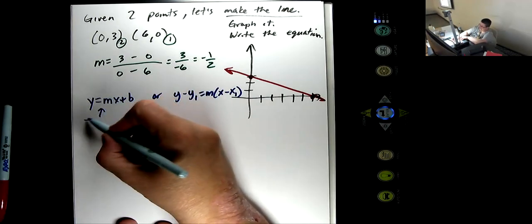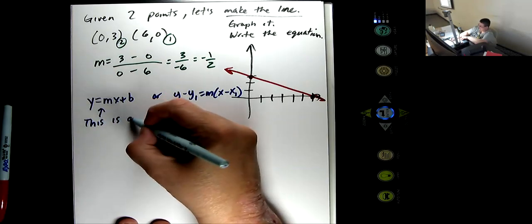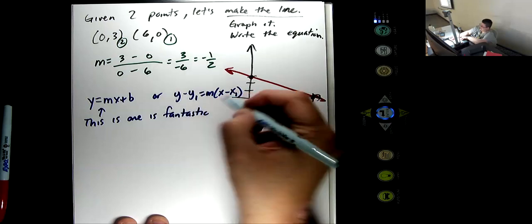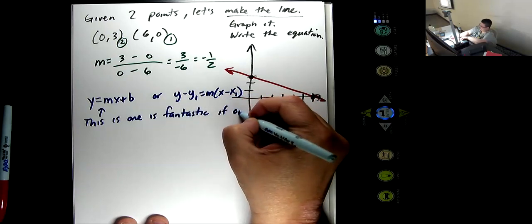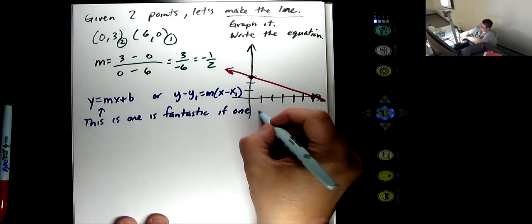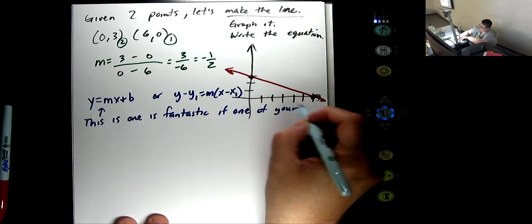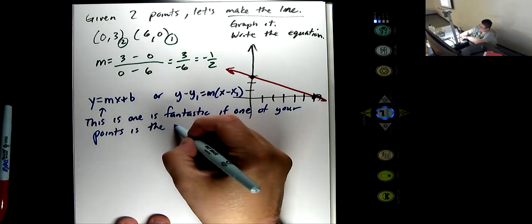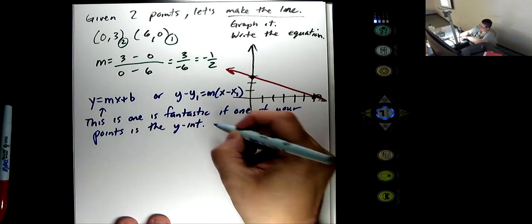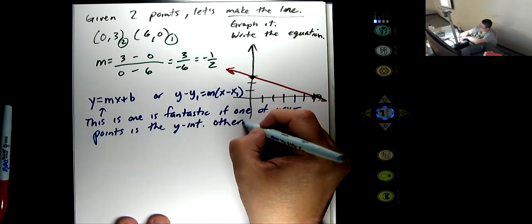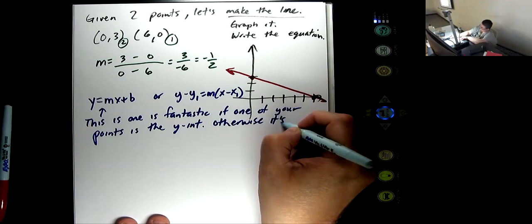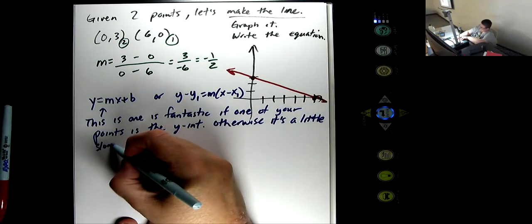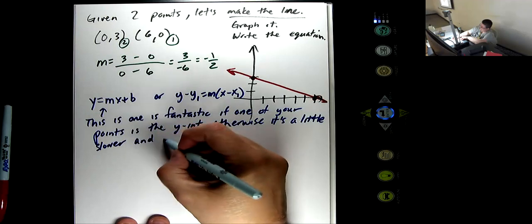This one is fantastic if one of your points is the y-intercept. Otherwise, it's a little bit slower and more error prone.